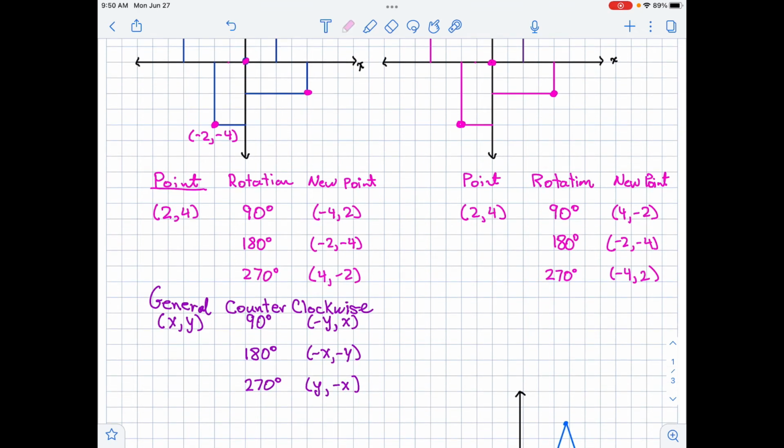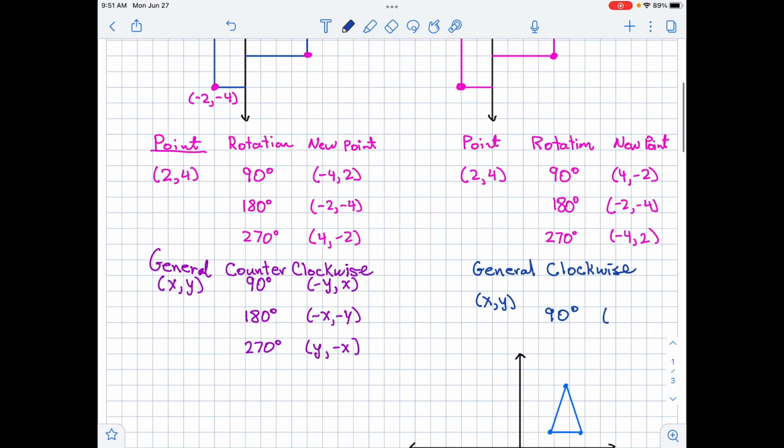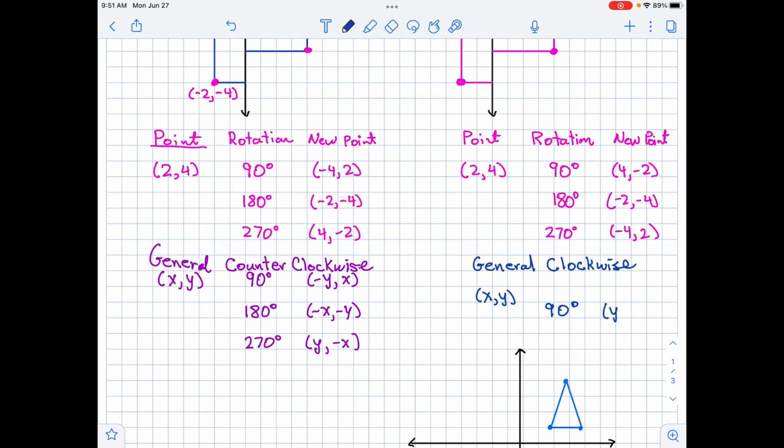So you can see we could talk about a general case. General clockwise. Well, you're going to have an x and a y. And then if you have a 90-degree rotation, let's see what we did. We had (y, -x).